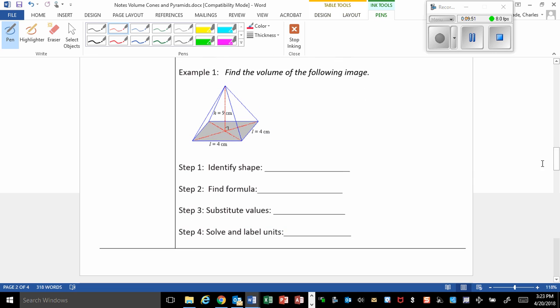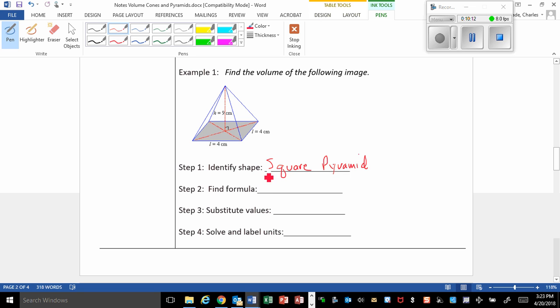All right, so find the volume of the following image. It is 4 and 4, which means it's a square pyramid, right? Square base, 4 here, 4 here.